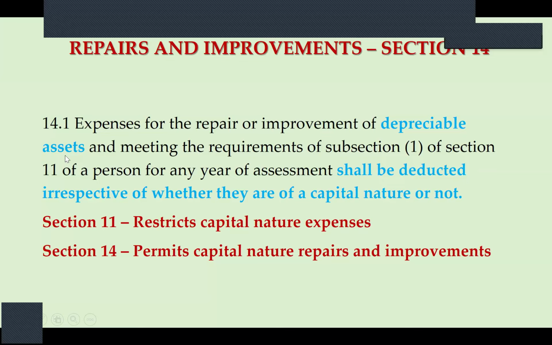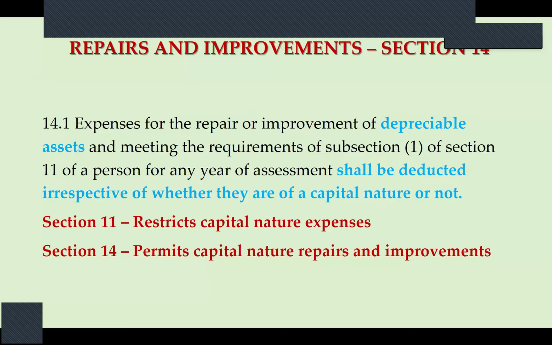So you know what the depreciable assets are. Depreciable assets means assets we use for business purposes, and there should be a diminishing value. We are using land for business purposes but it is not diminishing. Therefore we cannot consider it as a depreciable asset.